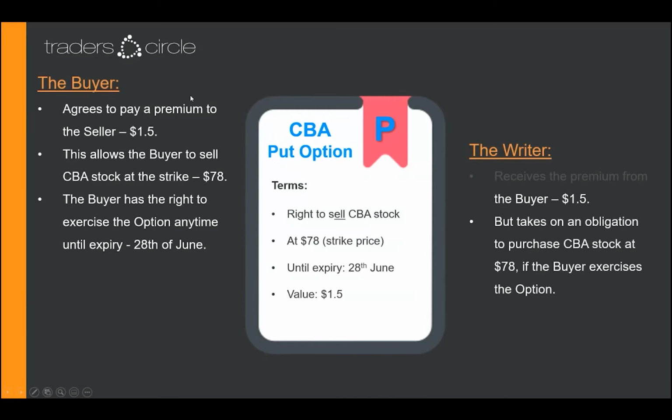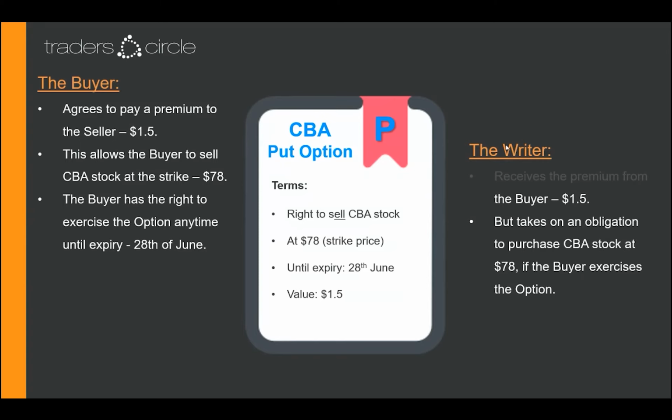But they take on an obligation to purchase the buyer's stock, right? Because remember, the buyer has the right to sell. Guess who they're selling the stock to? They're selling it to the seller of the put option. So again, it's wordy, isn't it? If you're patting your brow like I am, I don't blame you.